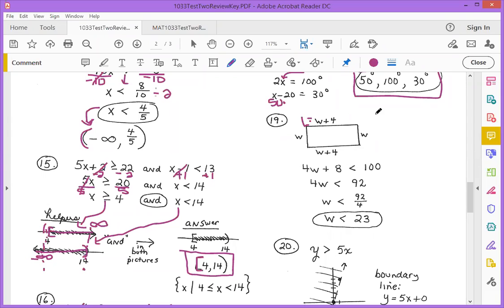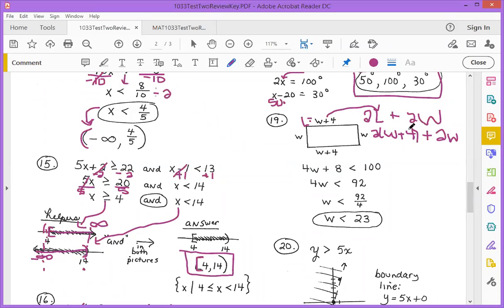So here we have our formula for the perimeter, which we learned was 2L plus 2W. And if we substitute W plus 4 here for the length, that'll give us 2 times W plus 4, and then plus the 2W.